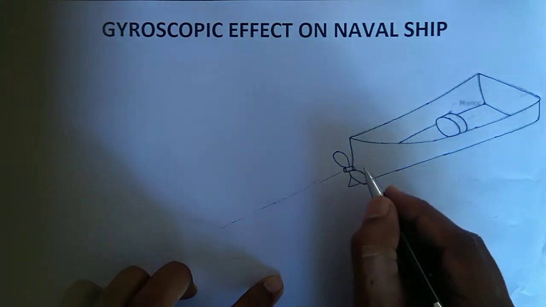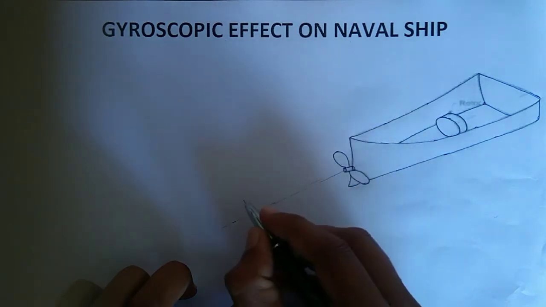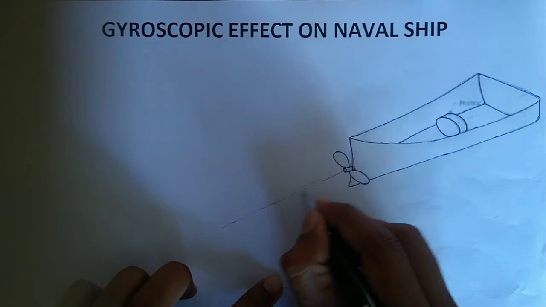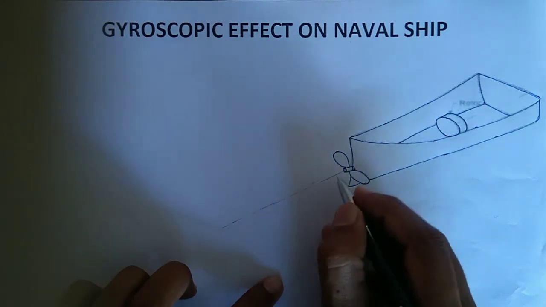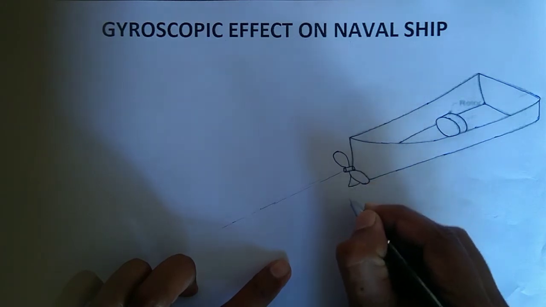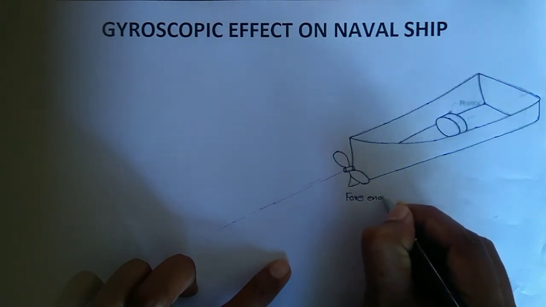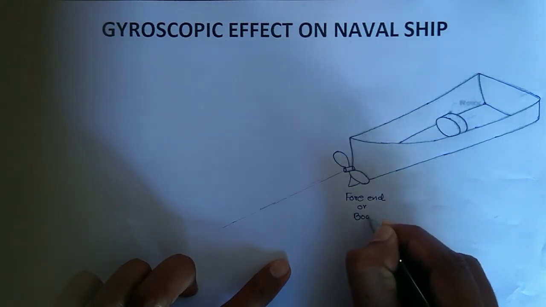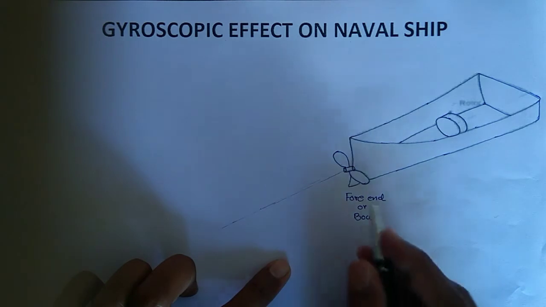We consider this the front end. If we see from this end, we call it the fore end, or we can say the bow.